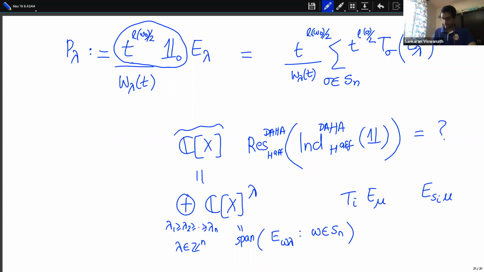Decreasing order, right. And so what about each summand here? Each summand here is invariant. This is an HF module. Each summand is an HF module, right? HF module, yes. There's no pi. Okay.